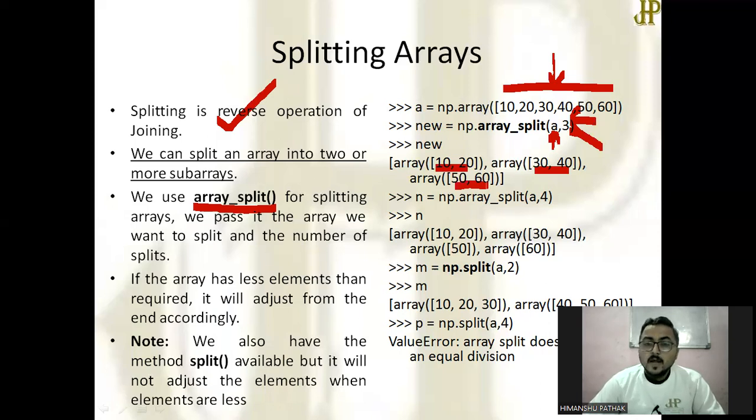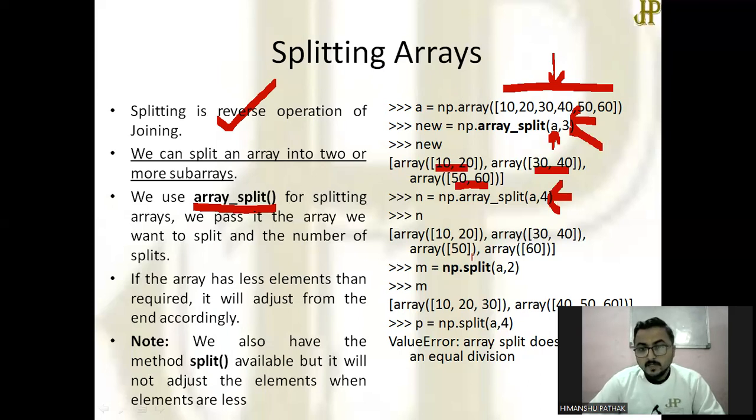And if you supply something which is not a common divisor of the splitting, then it will automatically adjust from the end accordingly.